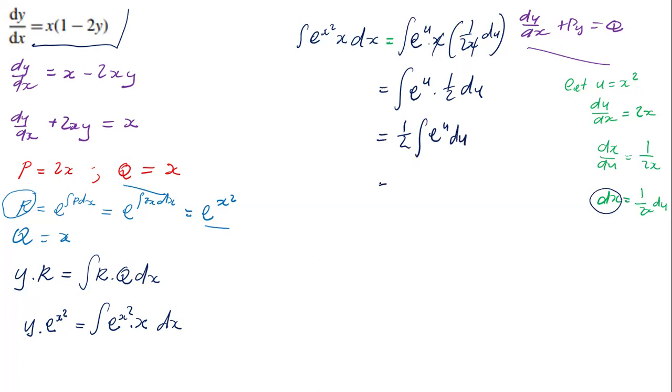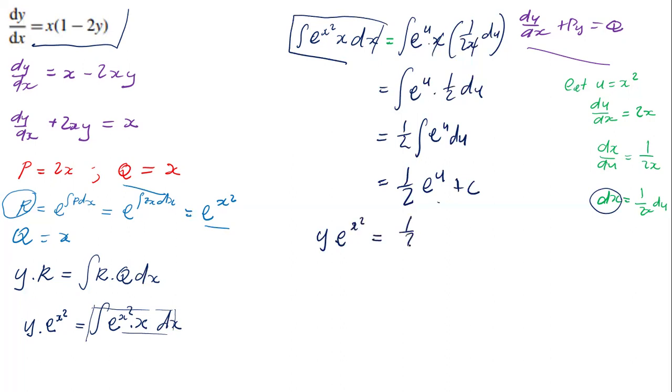Now let us integrate this. 1 over 2, what is the integral of e to the power of u? It's going to be e to the power of u plus c. Now you see this side, we're going to say y multiplied by e to the power of x squared is equal to this, which is 1 over 2 e to the power of u plus c.